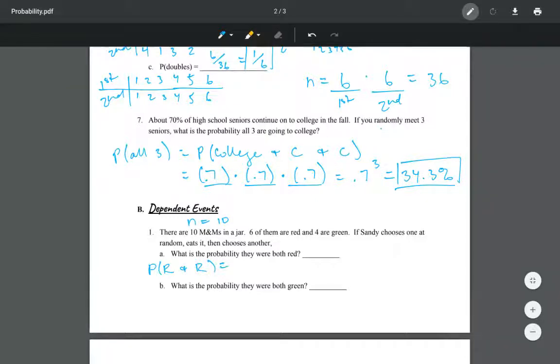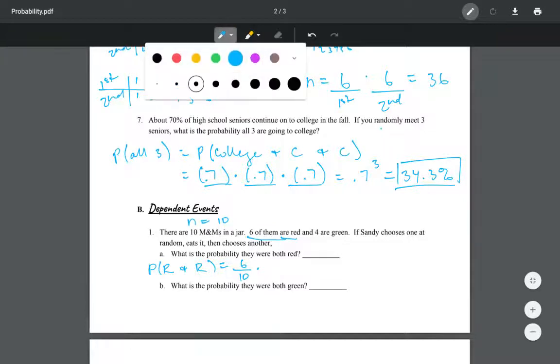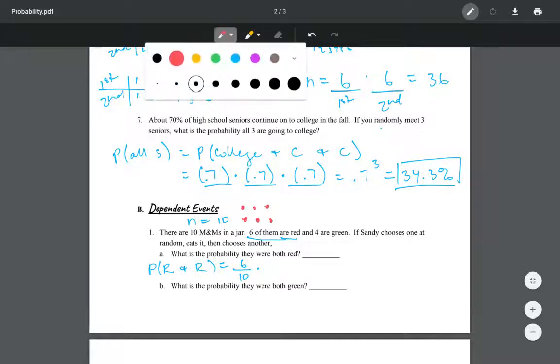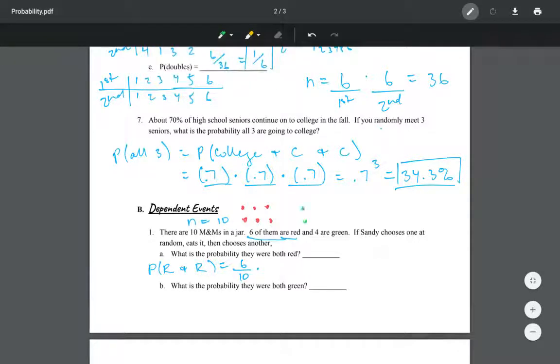So for the first red, I've got 6 of them are red out of the 10. So this is going to be 6 out of 10. But we take one of those. Actually, I'm going to draw them. Well, kind of. 1, 2, 3, 4, 5, 6, and then we had 4 green, right? 1, 2, 3, 4.